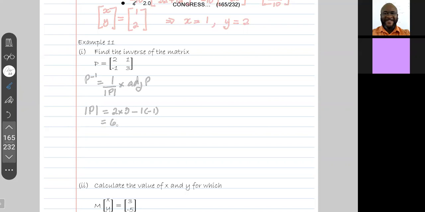So this is 6 plus 1, which is 7. The determinant of P is 7.